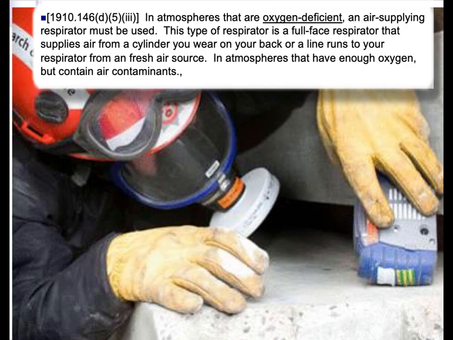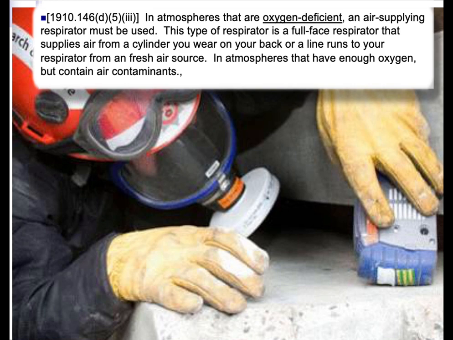In atmospheres that are oxygen deficient, an air supplying respirator must be used. This type of respirator is a full-face respirator that supplies air from a cylinder that the worker wears on their back, or a line that runs to the respirator from a fresh air source.